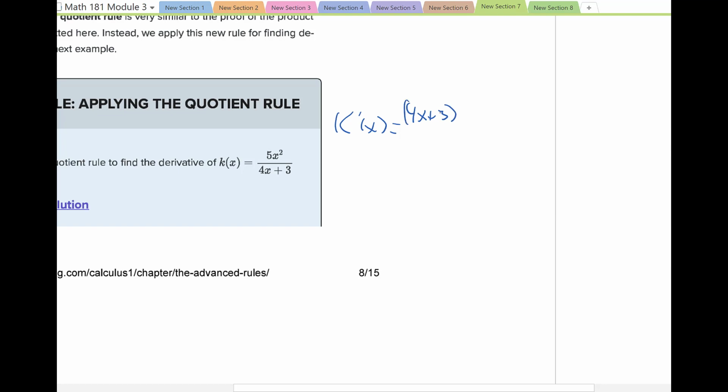Now I'm going to do that in parentheses because I have to distribute the whole thing, times the derivative with respect to x of 5x squared, minus high, which is 5x squared, times the derivative with respect to x of 4x minus 3, all over 4x minus 3 squared.